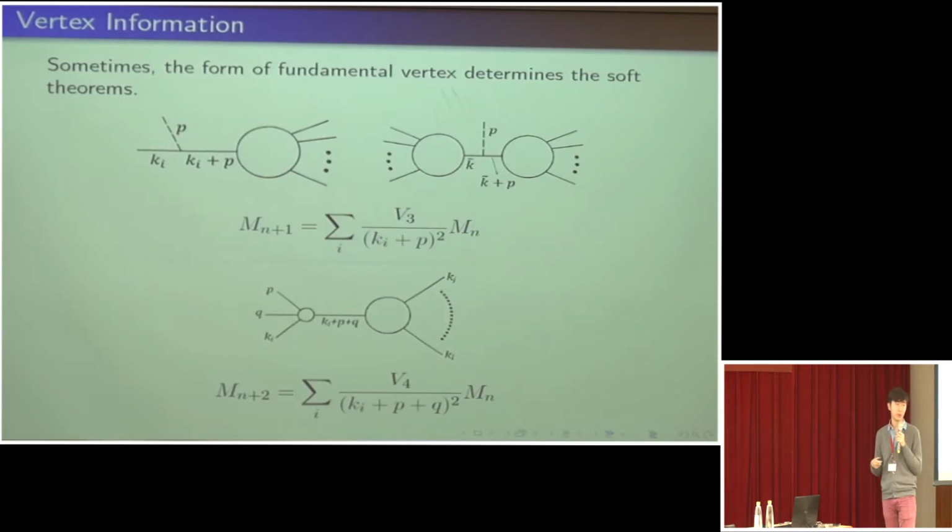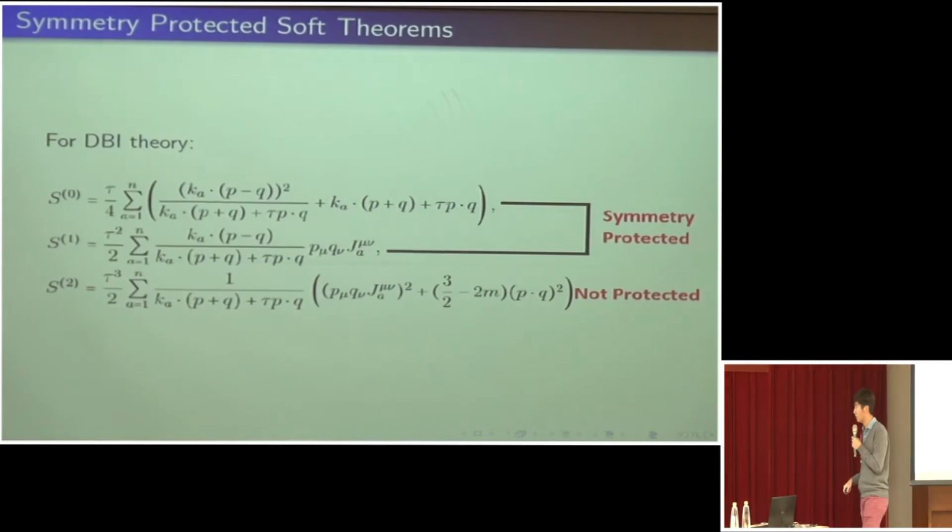So if we have the 4-point vertex, we can derive the double soft theorem from two single soft theorems, which are symmetry protected, and this vertex, which is not protected. Let's see how it is true.